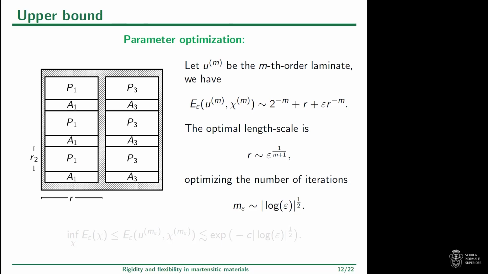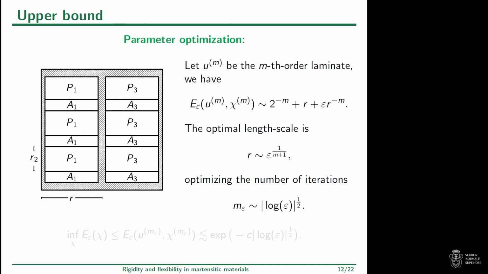Then you optimize all the parameters here. You can first optimize the length scale, the amplitude of the oscillations, with epsilon. You obtain epsilon to the power 1 over m plus 1, and then you optimize. So these two kind of behave the same, like epsilon to the power 1 over m plus 1, and then you optimize m, the order of lamination that you have to do.